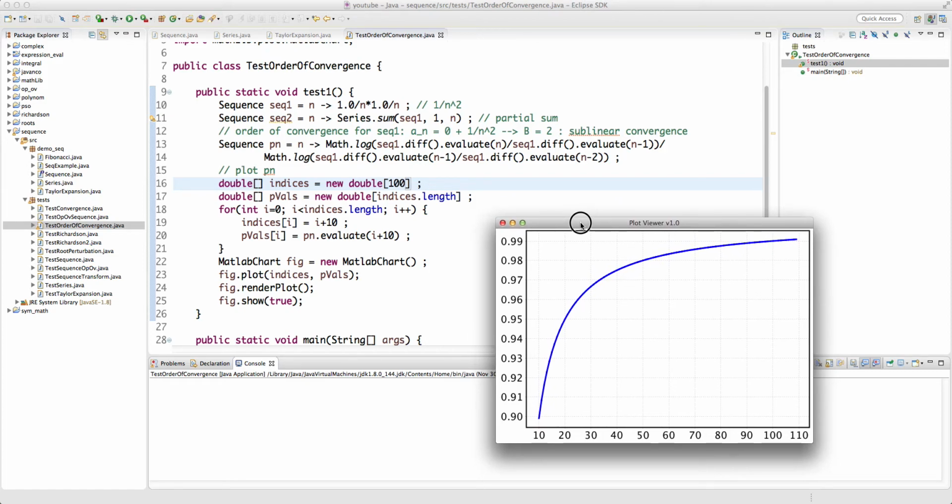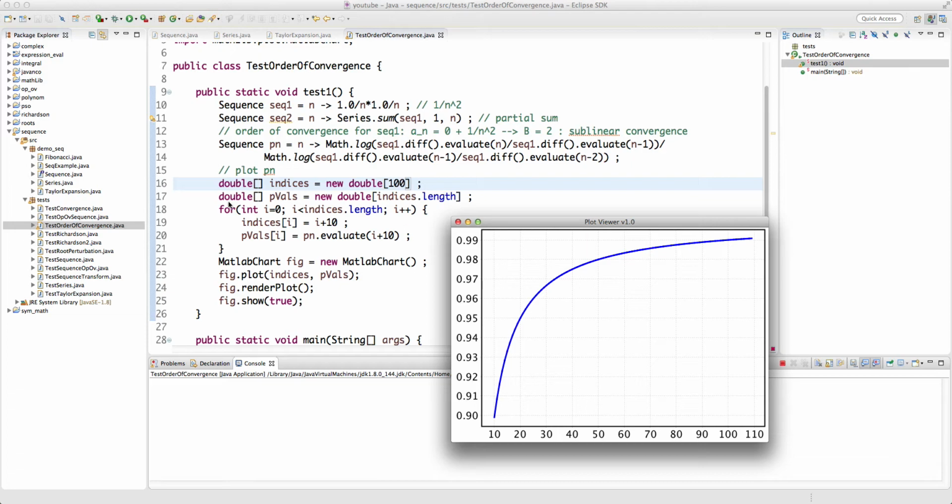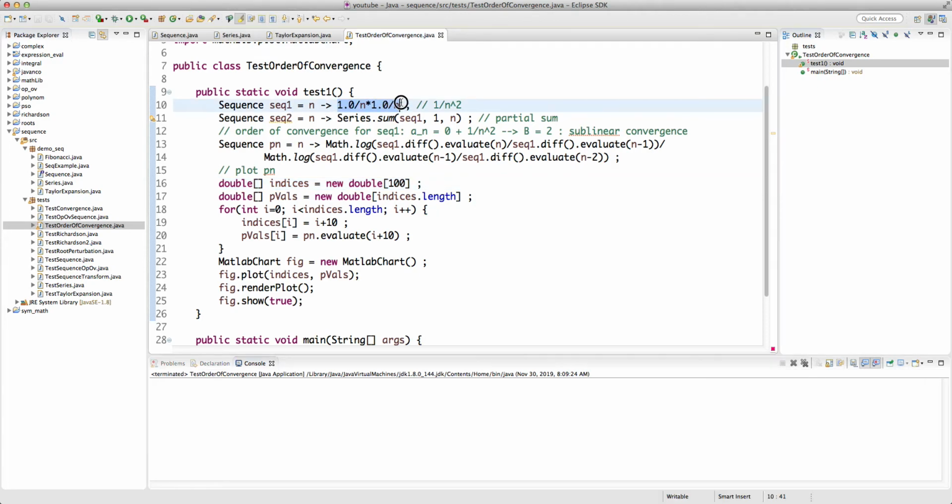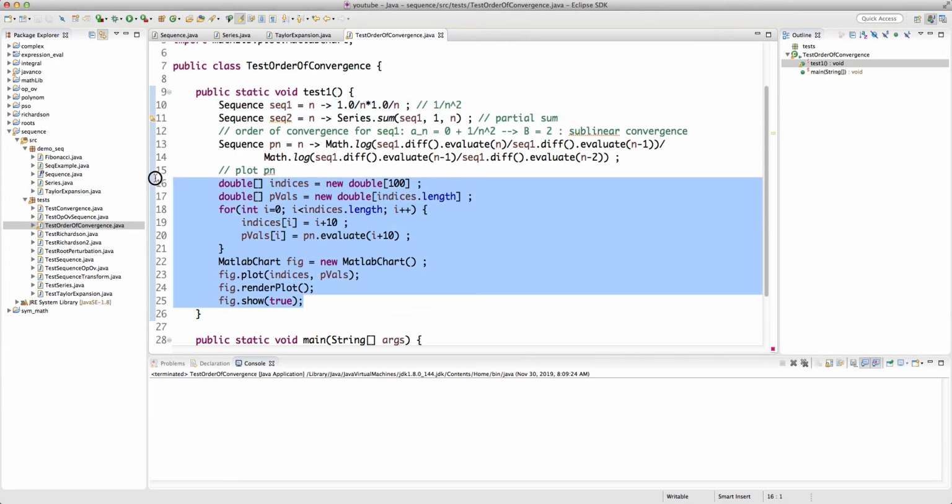So this sequence clearly converges to 1, and the rate of convergence is also 1.